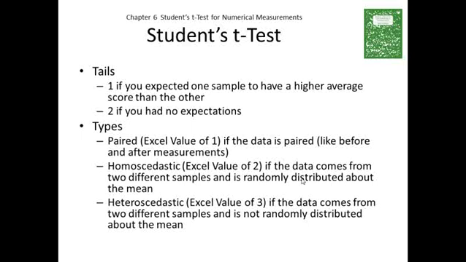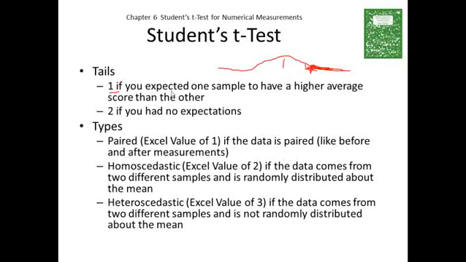Put simply, tails come in either one tail or two tail. The idea of tails is you have some distribution, and you're saying, are you looking for something just up here? If so, that's a one-tail test, because I'm expecting one sample to have a higher average than the other. Okay, that's the one tail.